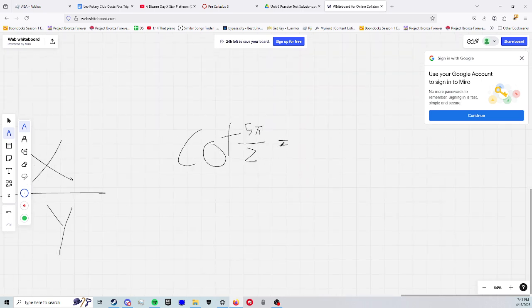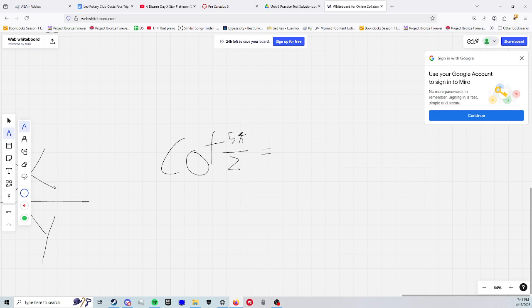5 pi over 2 is larger than 2 pi, so it goes around. 4 pi over 2 is 2 pi, so it goes around once already, and we can ignore that.